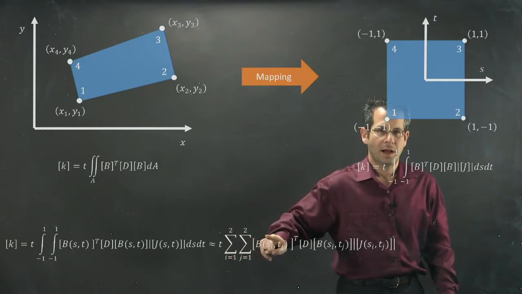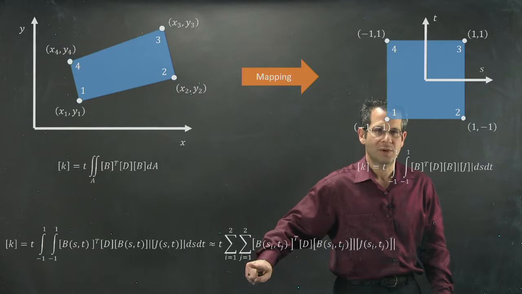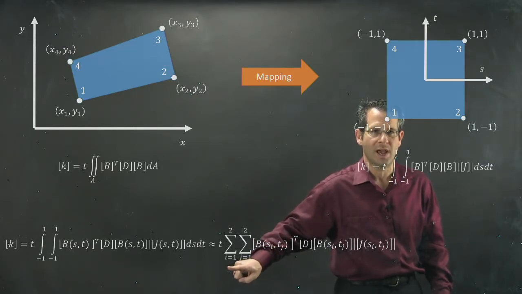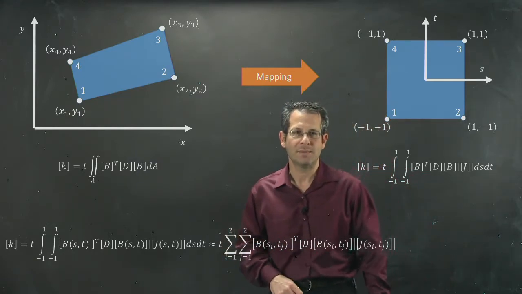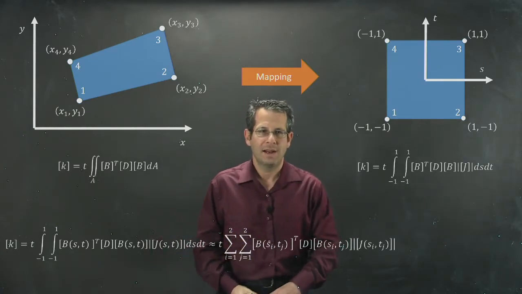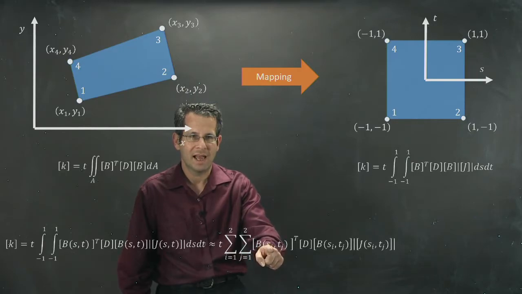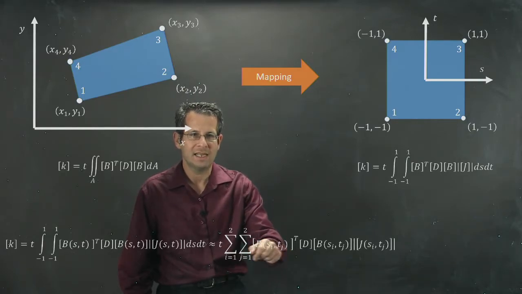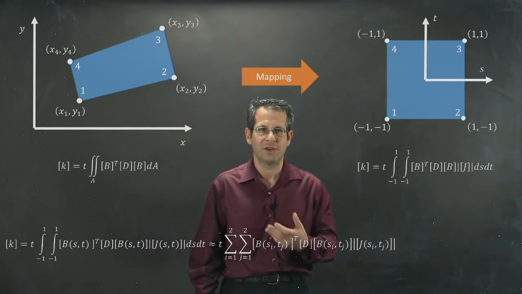by simply summing. Note I have a summation symbol here, but I'm just going from j equals 1 to 2 and i equals 1 to 2. So this double summation simply means that there are 4 terms alone, and I'm evaluating at S_i and T_j, but i and j only have 2 possible values, 1 and 2.